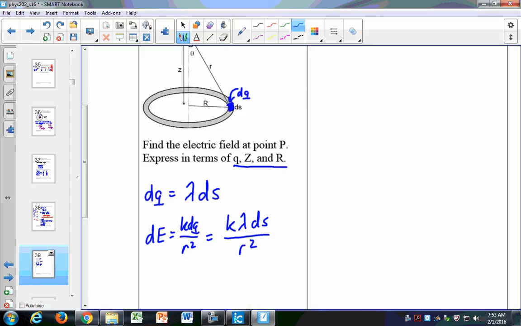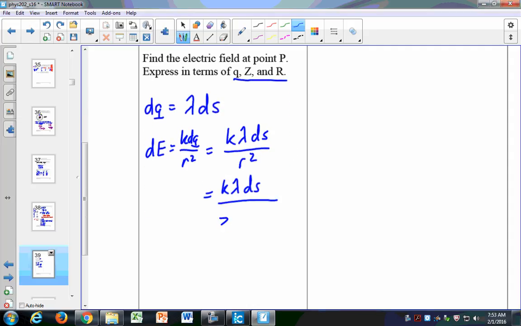And so I can express r in terms of big Z and big R. How do I do that? I'm going to use the Pythagorean theorem, right? So I can say that r squared will equal Z squared plus big R squared, where big R is the radius of our ring.